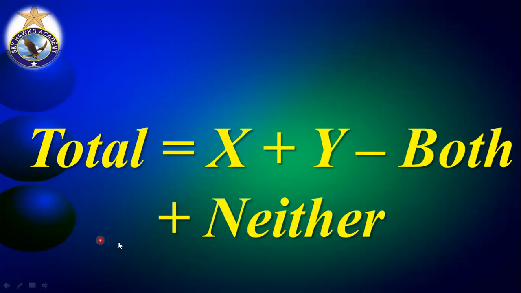So x is the number of elements in the first set, y is the number of elements in the second set. Then we subtract the elements which are coming in both sets, one time. And plus neither means if a set contains a unique element which is not coming in the other one, we will have to write that.